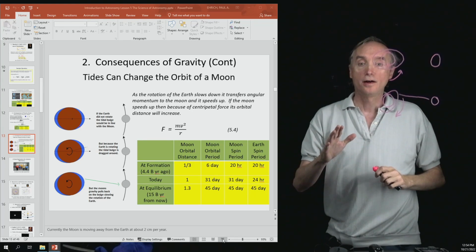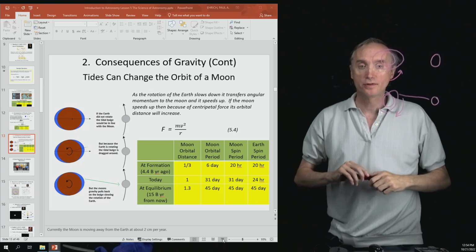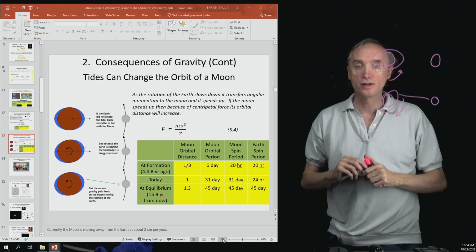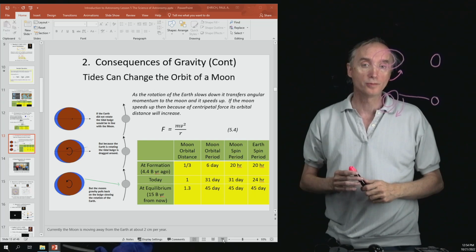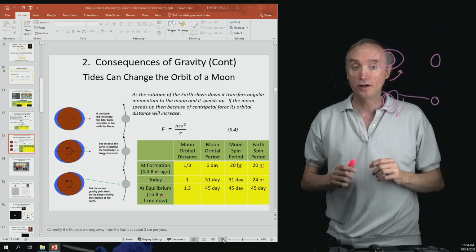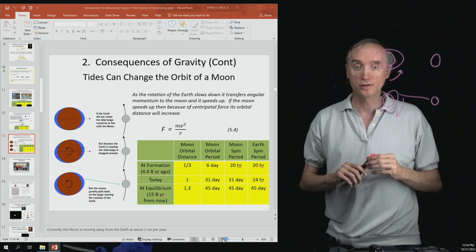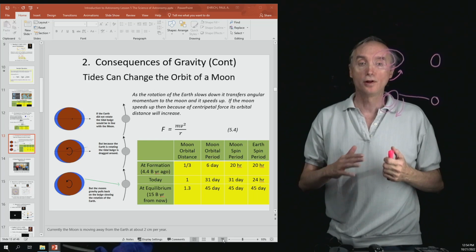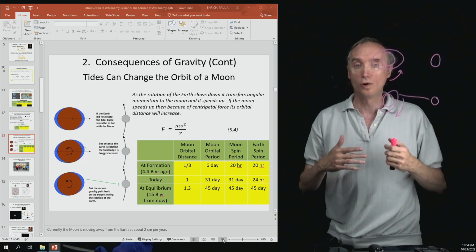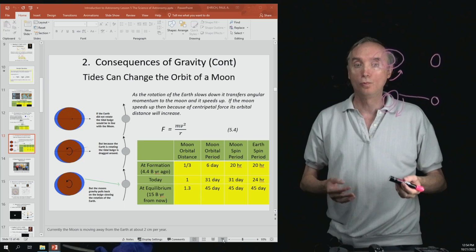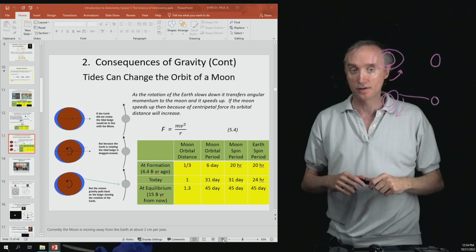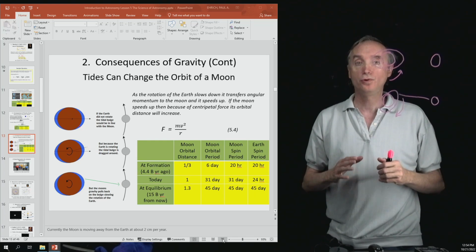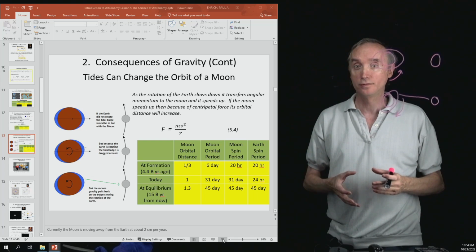And if you look at that chart that I've given you there, it shows that when the moon first formed, the moon was very close to the Earth. So it was approximately located at a distance of 1/3 of what its current distance is. So that would mean that the moon would have looked 3 times bigger in the night sky.